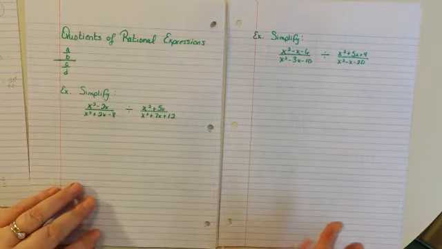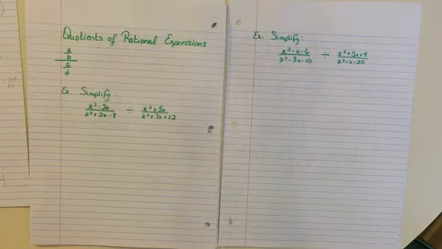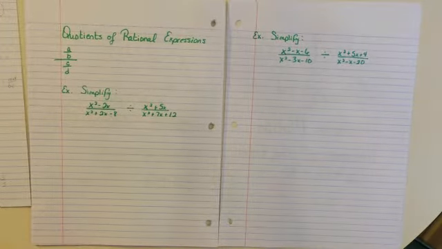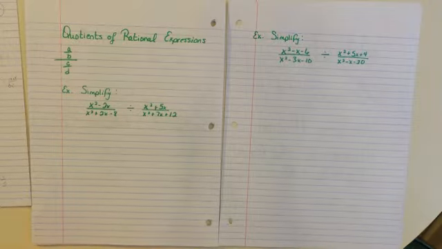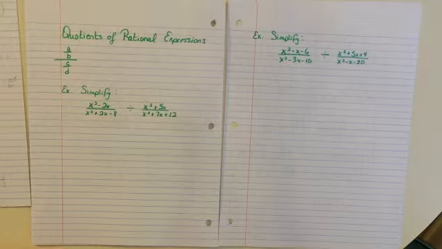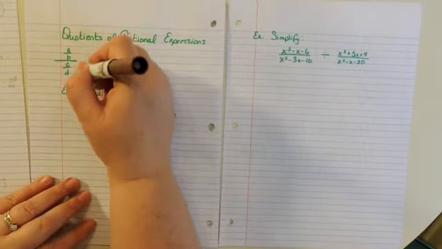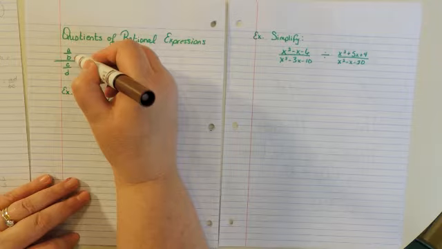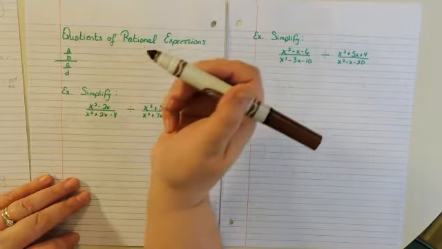Okay, now let's talk about the quotients of rational expressions. And of course, that means division. When we divide fractions, we multiply by the reciprocal of the divisor, which is the second number, the number on the bottom. So in this case, this is a complex fraction. We've got a over b all over c over d.